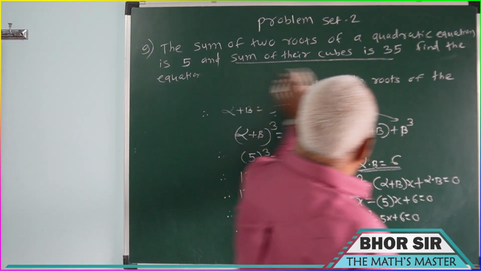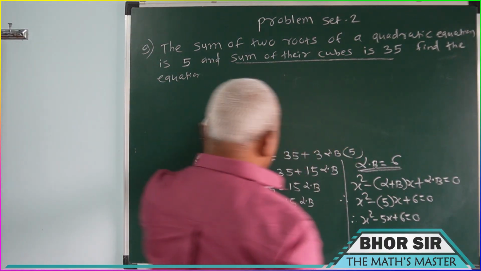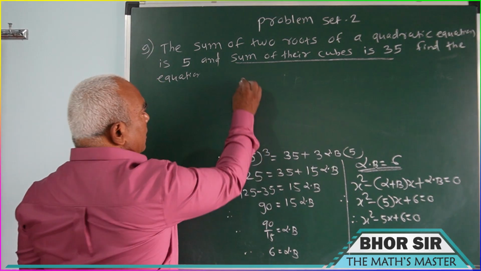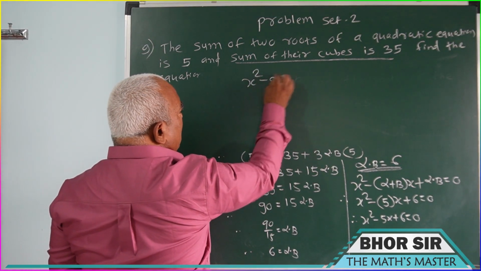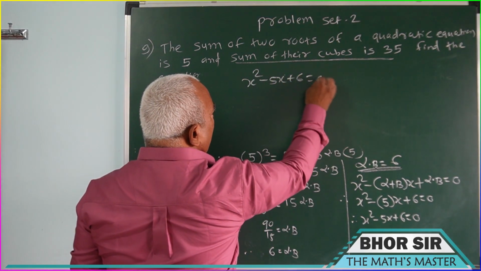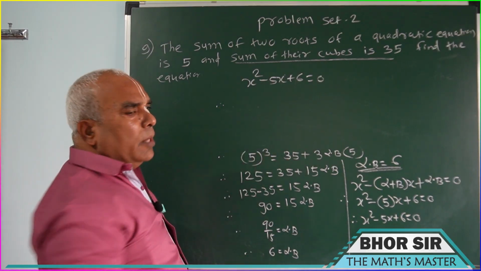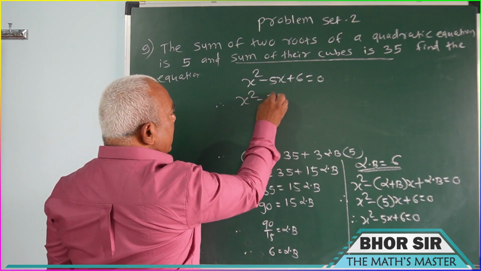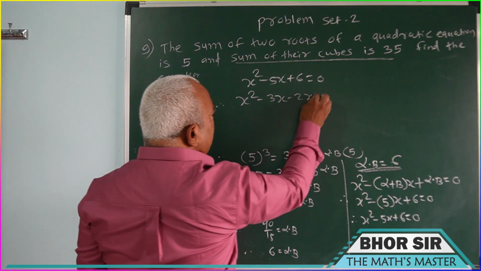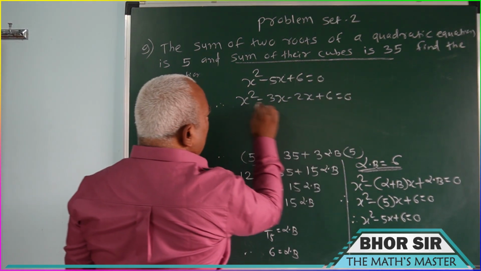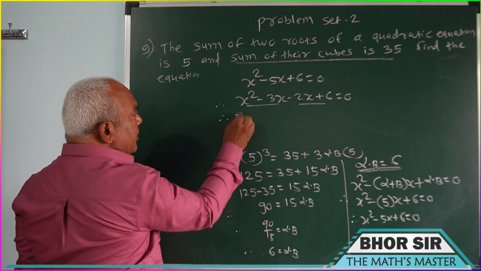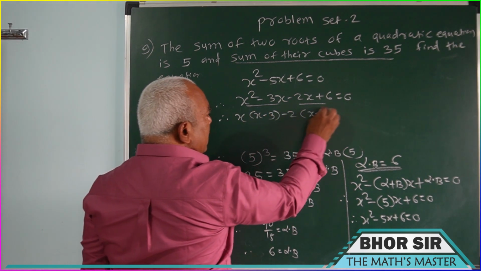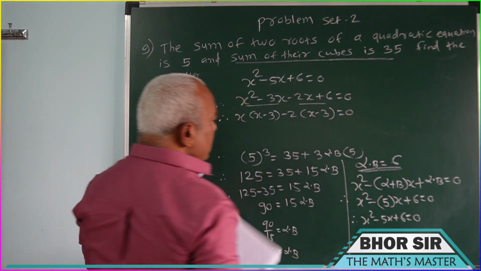Now we can verify this. How to verify? Find the actual alpha and beta values. See here, x square minus 5x plus 6 equal to 0. Now see, addition 5, multiplication 6, so 3 and 2. We can write x square minus 3x minus 2x plus 6 equal to 0. Therefore, x (x minus 3) minus 2 (x minus 3) equal to 0.